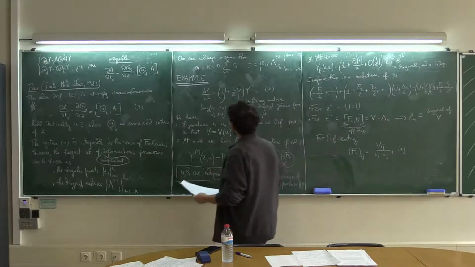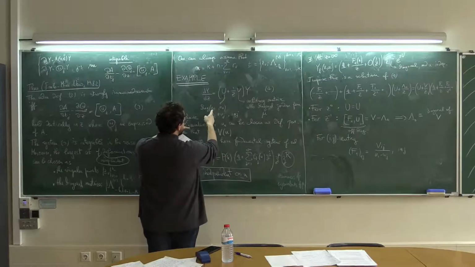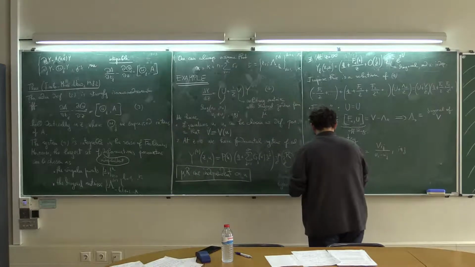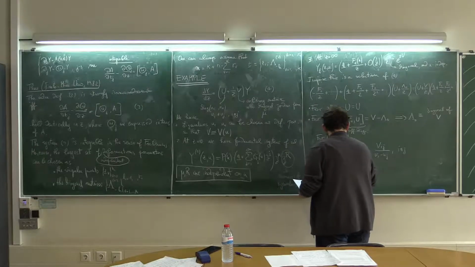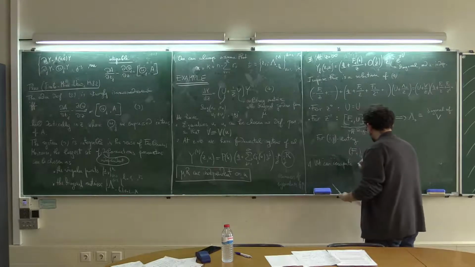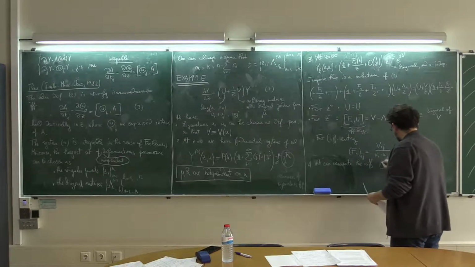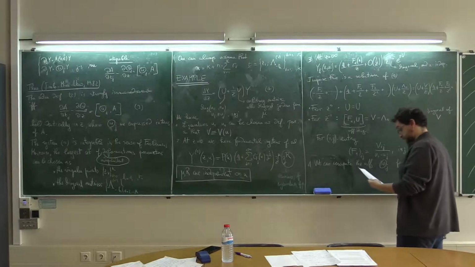So how many functions theta j do we have? Exactly n, as many as the parameters u. So we can compute the coefficients theta j for j from 1 to n.